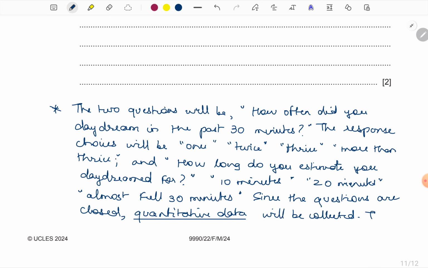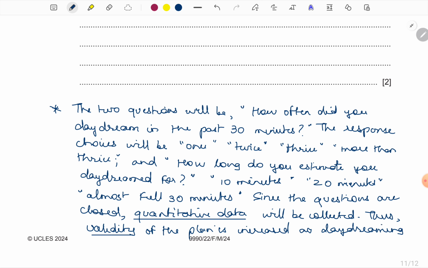Thus, validity of the plan is increased, as daydreaming will be interpreted objectively by comparing the 2 conditions directly.